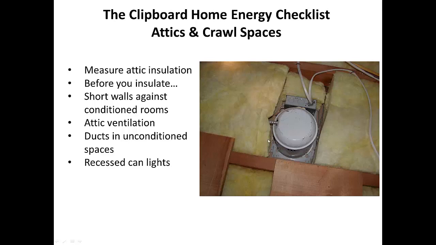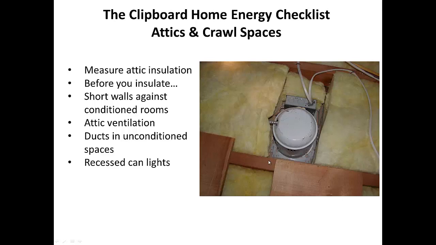Recessed can lights are required by code not to have insulation around them, because especially with the old style bulbs, the incandescent bulbs would get very hot to the touch. That's because it's creating heat, which costs more energy.